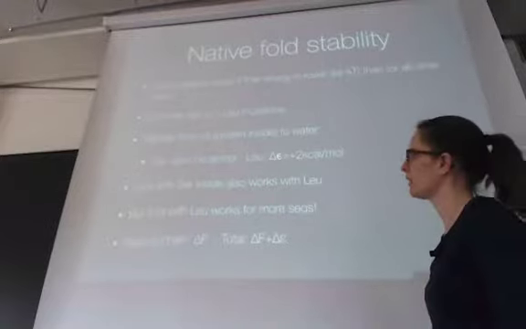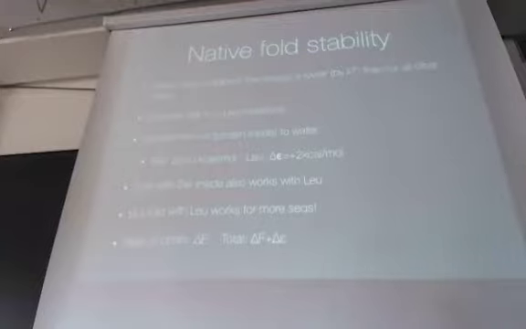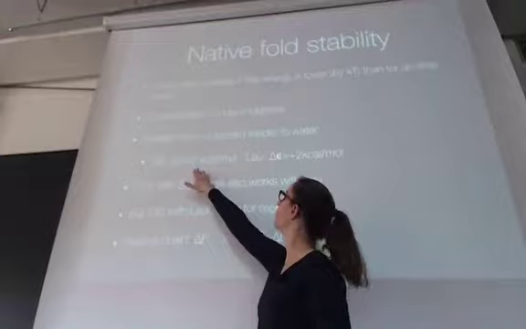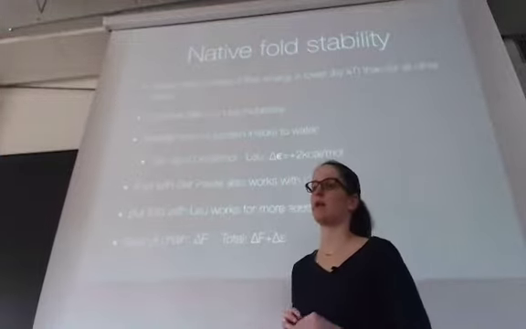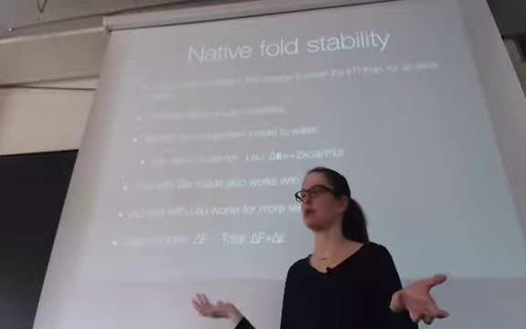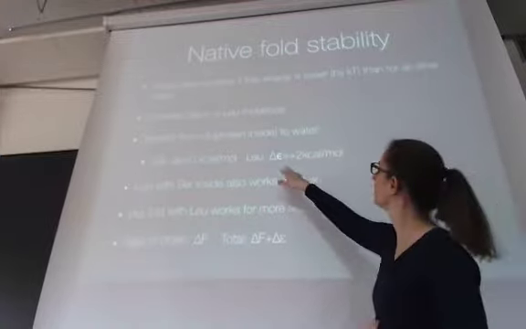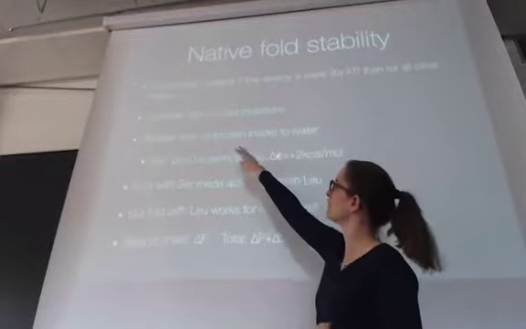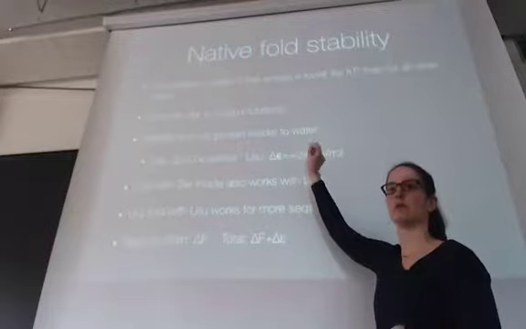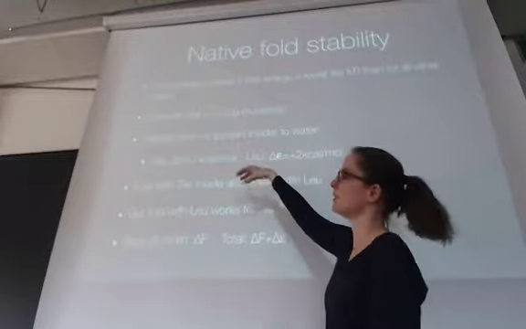So from the plot that we had before, if we transfer a serine from oil to water, we will pay no penalty and we will gain nothing because serine likes to be equally in solution and inside of the protein. Leucine is a different story. If you take leucine away from oil and put it in water, you pay a penalty, right? Because it's a hydrophobic amino acid, so it doesn't want to be in water.